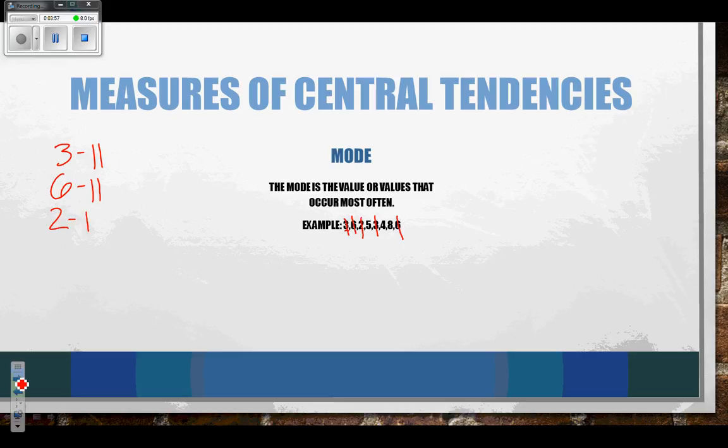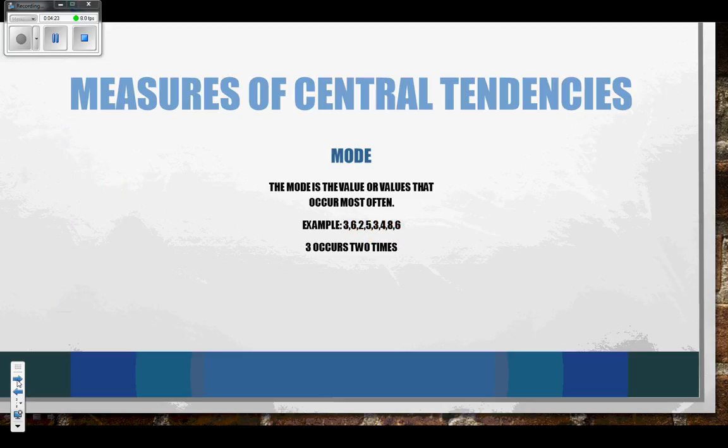2, 1 time. 5, 1 time. 4, 1 time. And 8, 1 time. So if I look at how many times each of my numbers occur, I notice that 3 and 6 both occur twice.